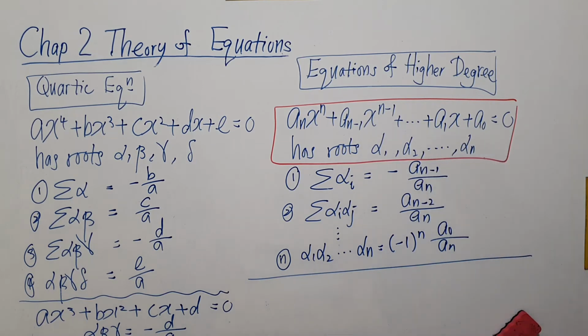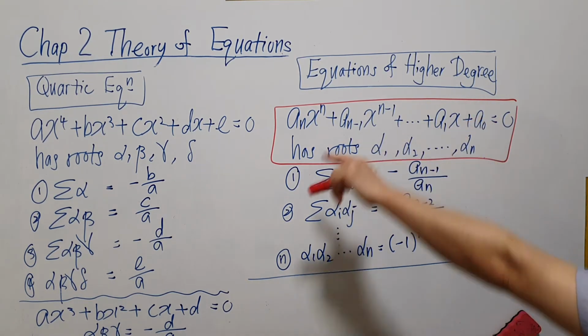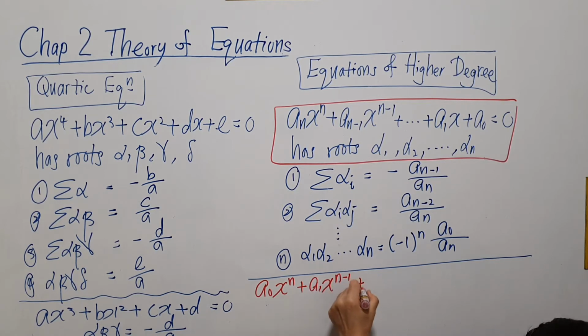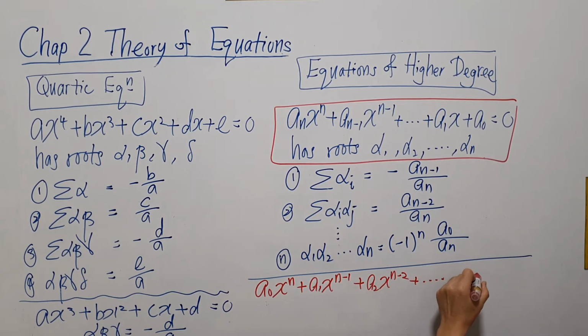I'm going to now reverse all the coefficients and write in this: a0 x^n plus a1 x^(n-1) plus a2 x^(n-2) plus ... until an.